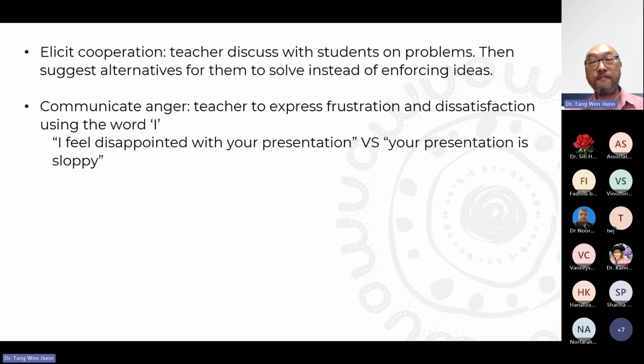But if you say I feel disappointed, somehow the perspective changes. You are using your emotion. You show that you feel disappointed because you are not putting in the effort, so it affected me. By mentioning how I feel about your work, the students will perceive that he or she actually cares about what I do, what I present.